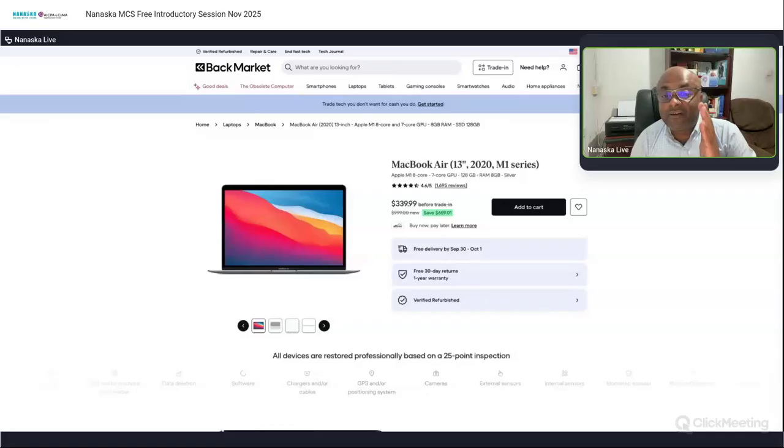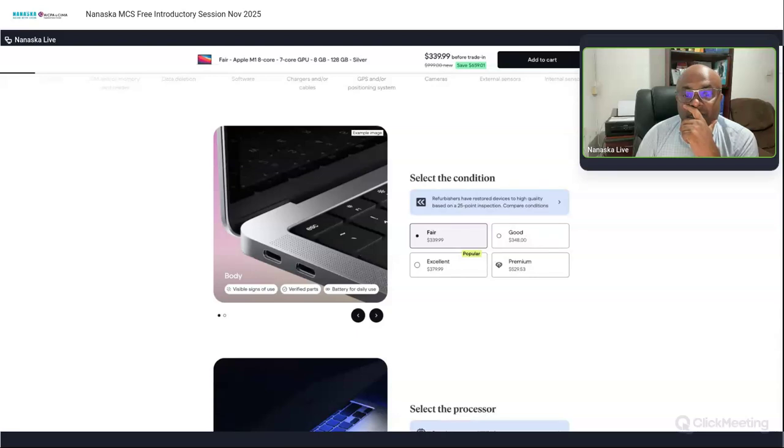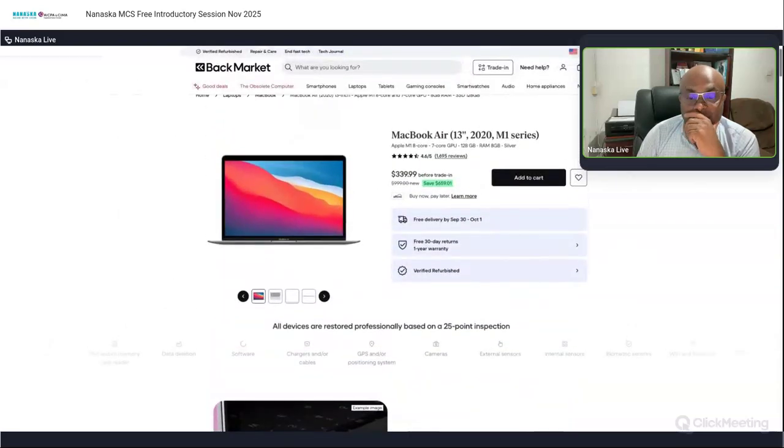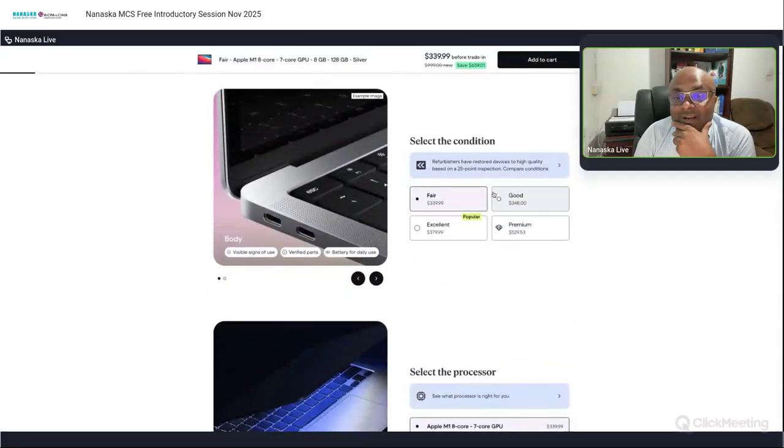This says the price is 339. You are saving 659. Oh my gosh, looks like a good deal. I don't know how far it is true. These are all computers that I'm going to buy, and here I can select a condition.